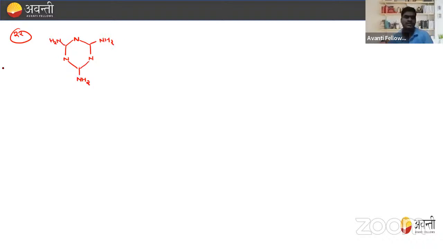So this is the structure of melamine, that is NH2, NH2, NH2. They are asking how many nitrogens are involved in the resonance. There are 3 lone pairs of electrons involved in the resonance, like this, this, this. So the total number is 3. So 3 nitrogens participate in the resonance. This is the diagram of melamine.